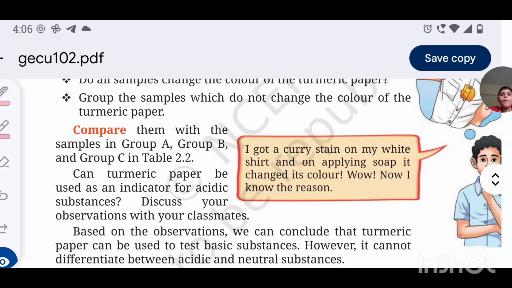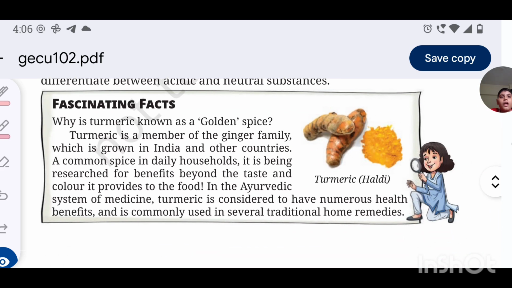Now, compare these we have done. Why is turmeric known as the golden spice? Turmeric is a member of the ginger family, which is grown in India and other countries. A common spice in daily household use, it has been researched for benefits beyond the taste and color it provides the food.